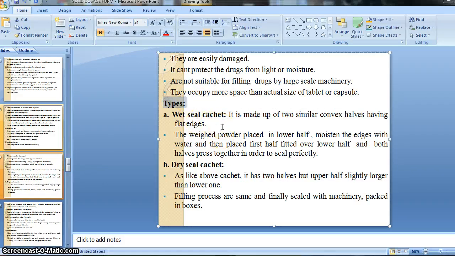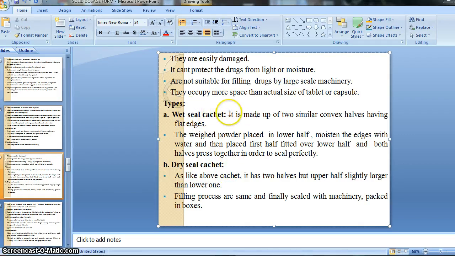Sachets are classified according to their seal, that is the wet seal sachet and dry seal sachet, right? These are the two kinds of sachet.